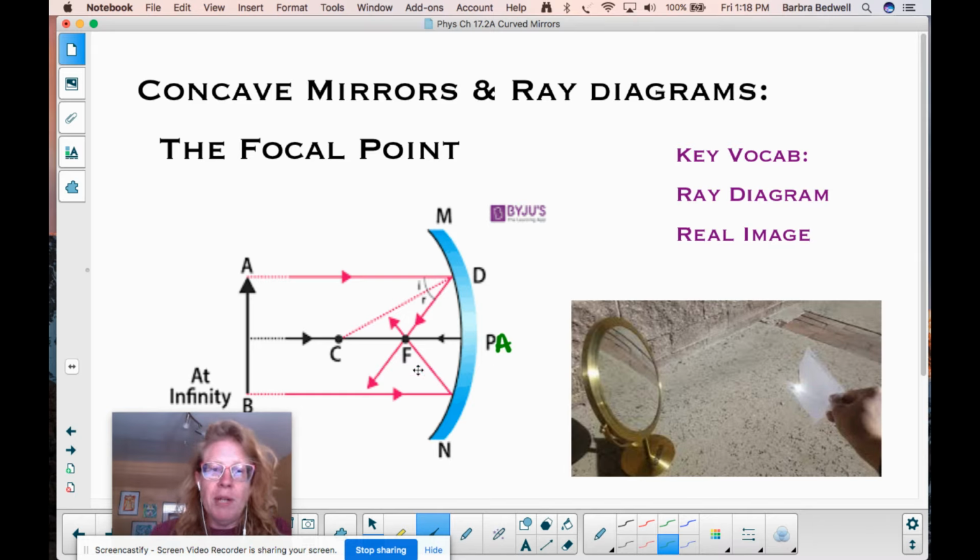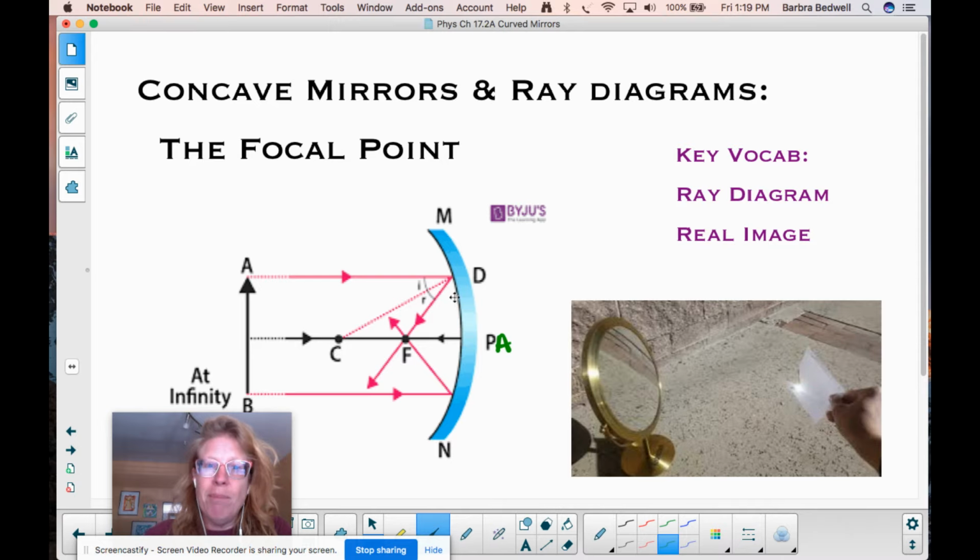We've got our 2 major geometric points, C and F, the center of curvature and the focal point, or the focal distance. So these rays, when they come in parallel to the principal axis, will bounce off through the focal point. Notice how they've drawn the angle of incidence and angle of reflection, with the normal line extending through the center of curvature.